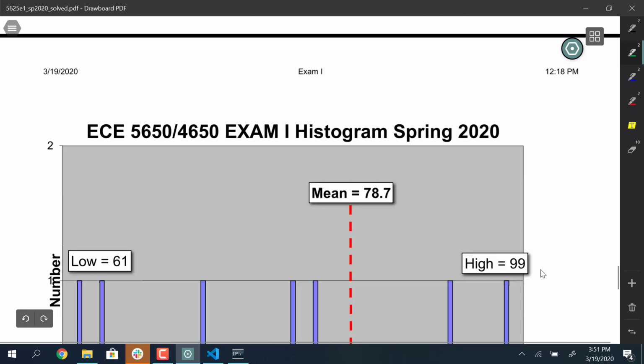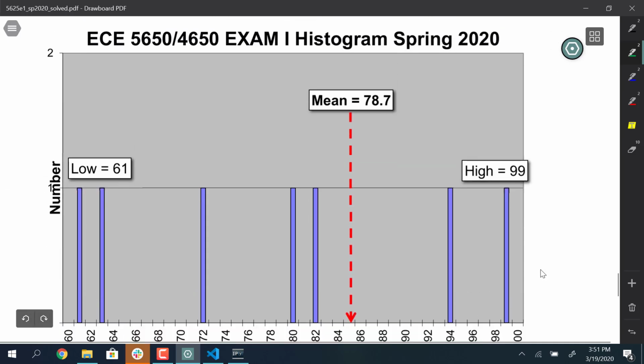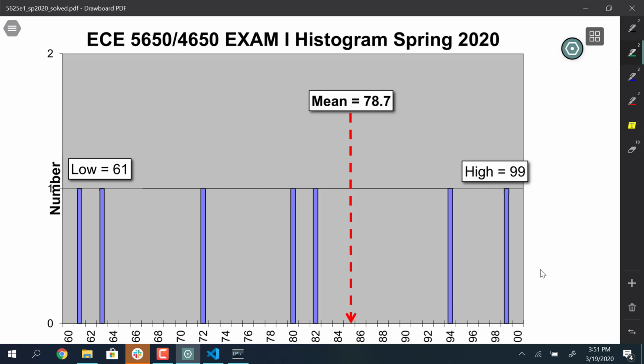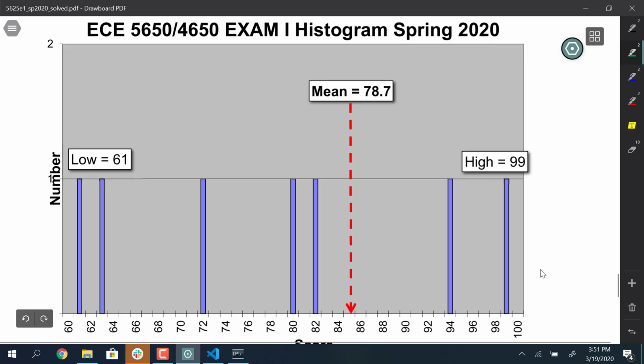The second histogram is for the exam. And so here we've got a high of 99, a mean of 78.7, a low of 61. All in all, not too bad.